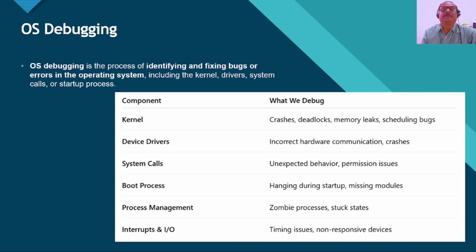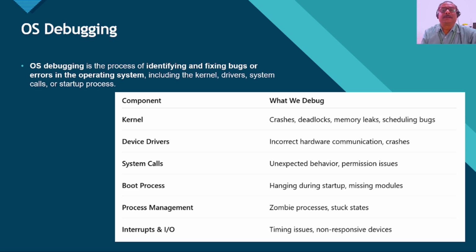Or there may be stuck states where a process gets stuck at some state for some reason, and that may create a problem. Or it may be due to interrupts and IO activities, such as timing issues or non-responsive devices.